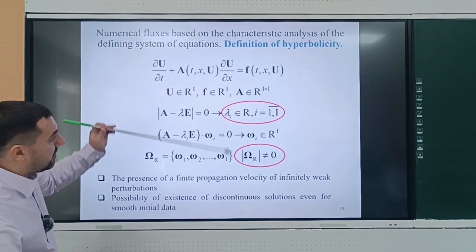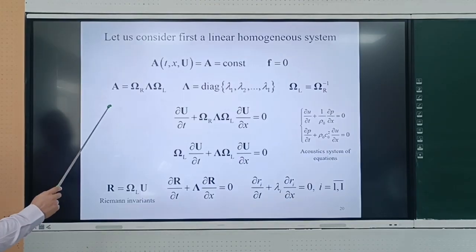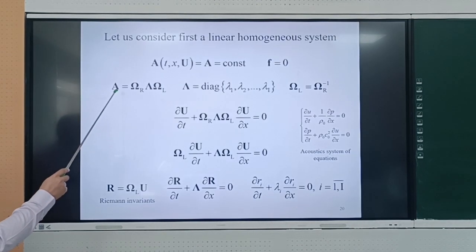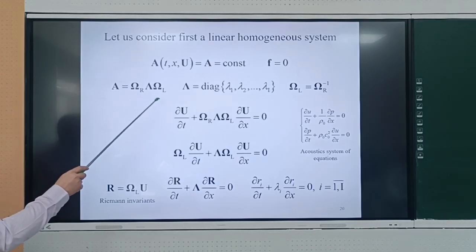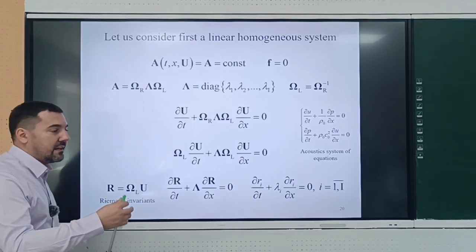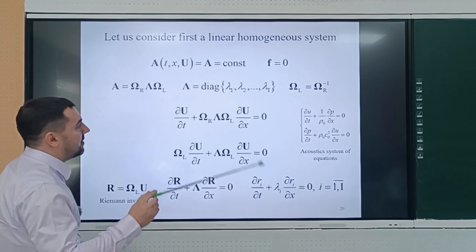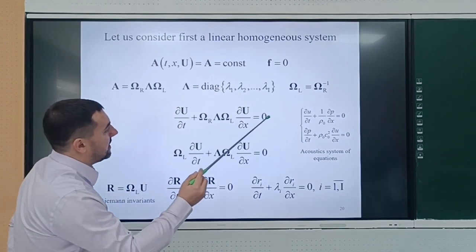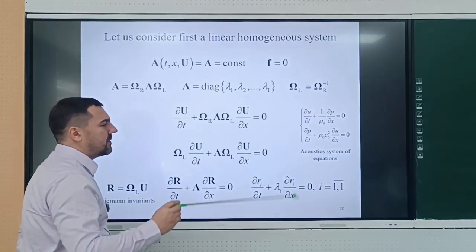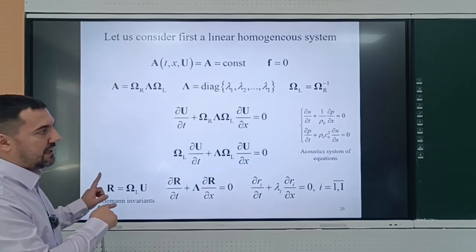If it is true, it is known that A can be presented as a product of omega r, lambda, omega l, where omega r is the matrix of right eigenvectors of our matrix A, lambda is the diagonal matrix of eigenvalues, and omega l is omega r inverse. So actually it's a matrix of left eigenvectors of matrix A.